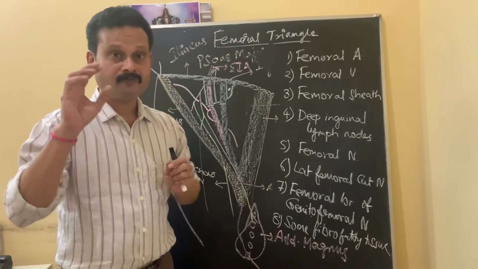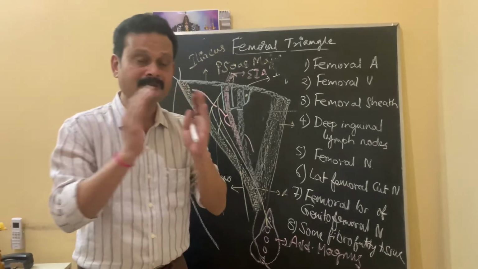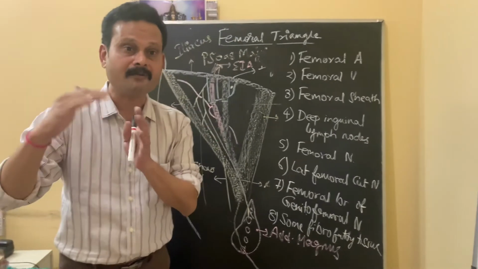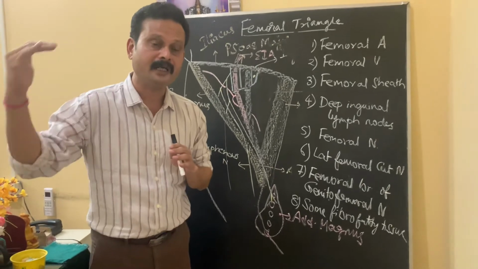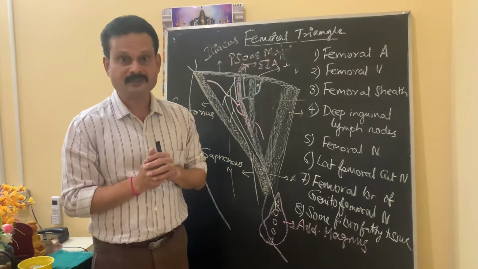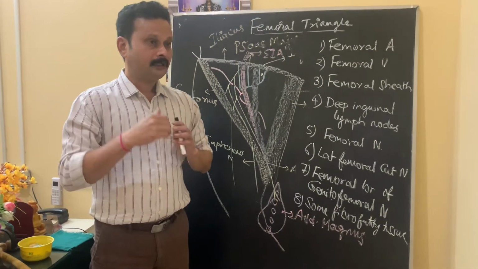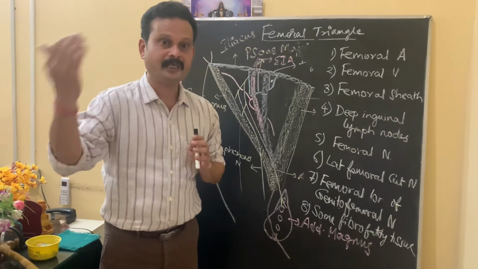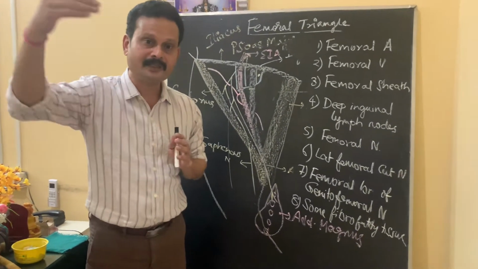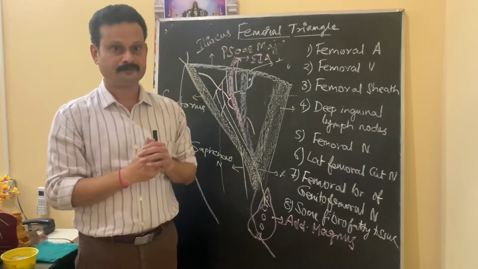It is formed by the dorsal branches of the ventral rami of L2, L3 and L4 nerve roots. It is formed behind the fascia iliaca, that's why it is not the content of a femoral sheath.